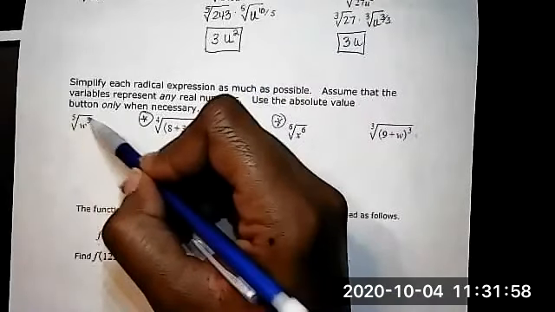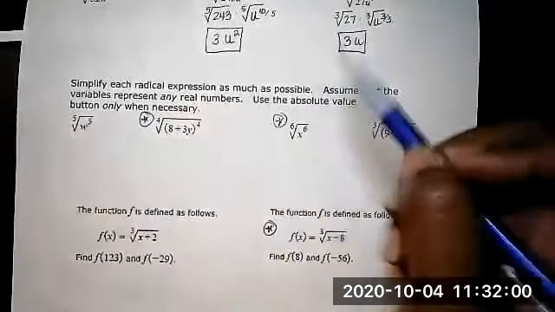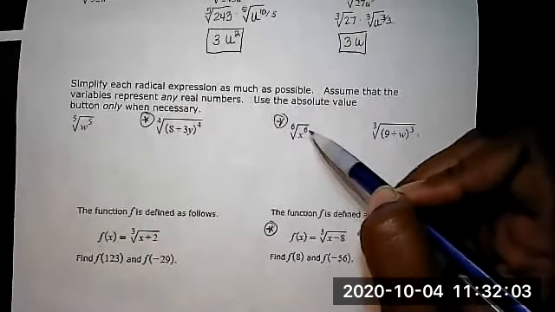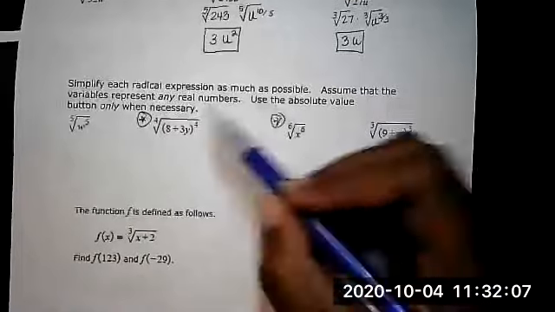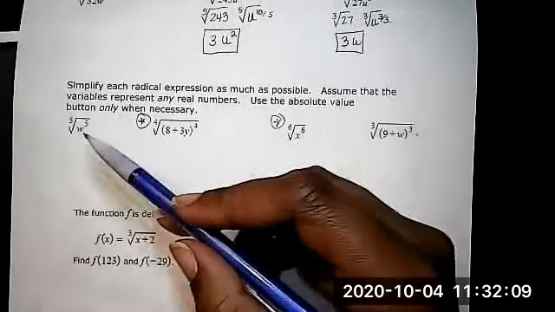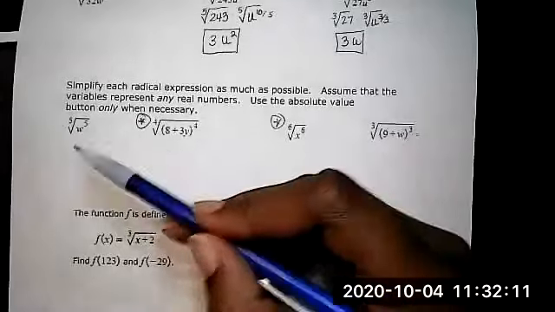So if it's w to the 5th, the answer is just going to be w. Here, the 6th root of x to the 6th will just be x. Whatever is in here just comes basically out. They cancel each other out.